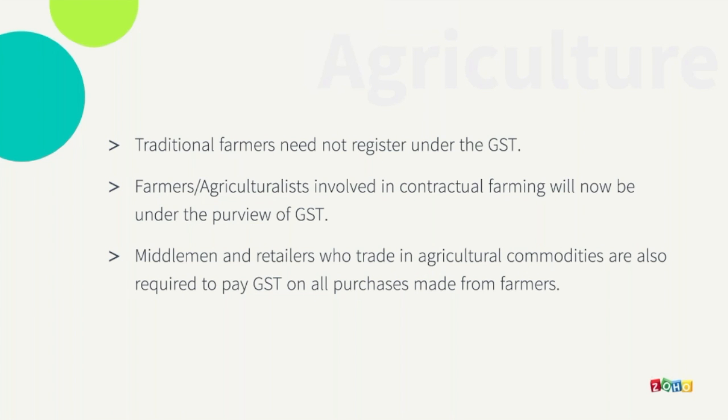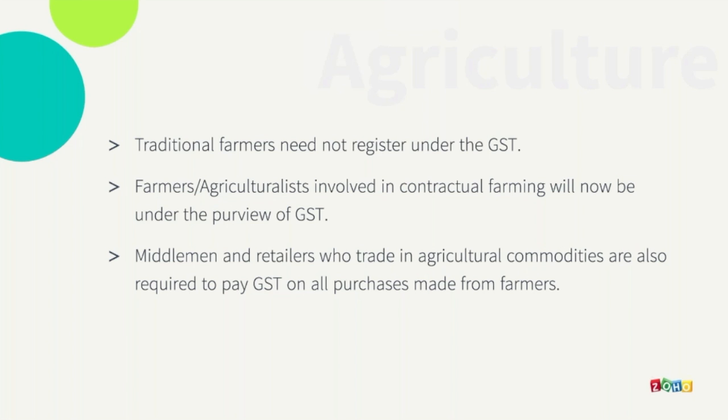This means that everything that you eat from a fast food chain is also going to see the impacts of GST as it is now being associated with their raw materials. We'll take a detailed look at that in the following slides.